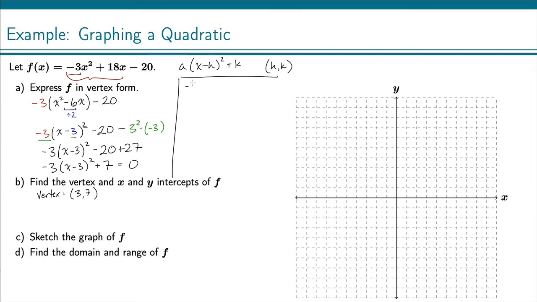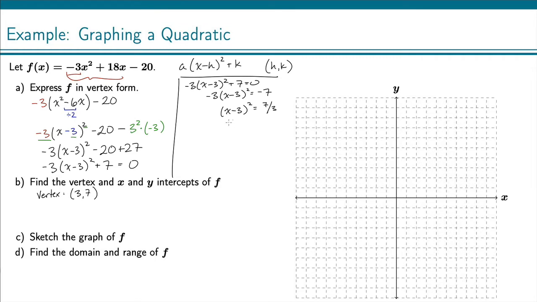We have negative 3 times x minus 3 squared plus 7 equals 0. If we subtract 7 from both sides, we have negative 3 times x minus 3 squared equals negative 7. And then divide both sides by negative 3, we have x minus 3 squared equals 7/3.